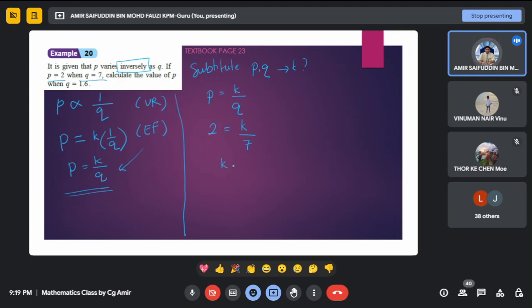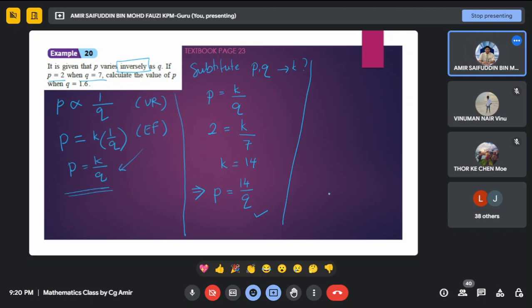So K is 2 multiplied with 7, you get 14, because here is divide, move to the left side, become multiply. So K equals 14. Then our new equation form is P equals 14 over Q. In equation 4, P equals K over Q, we have substituted the value for K. K is 14.